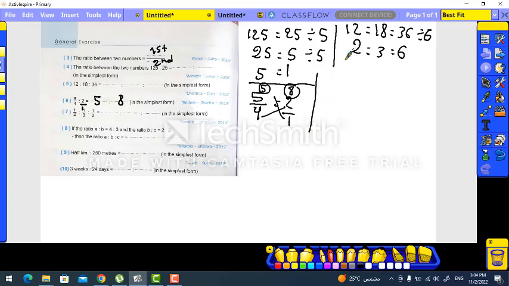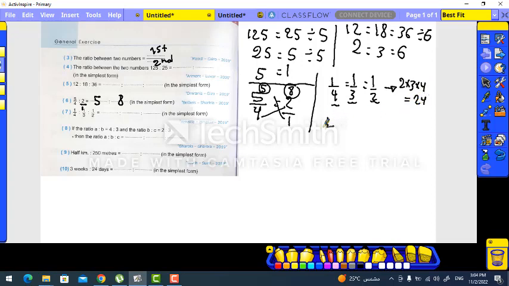The question of three numbers together, 1 over 4 to 1 over 3 to 1 over 2, yes, firstly you should multiply all the denominators together. 2 times 3 times 4 equals 24.